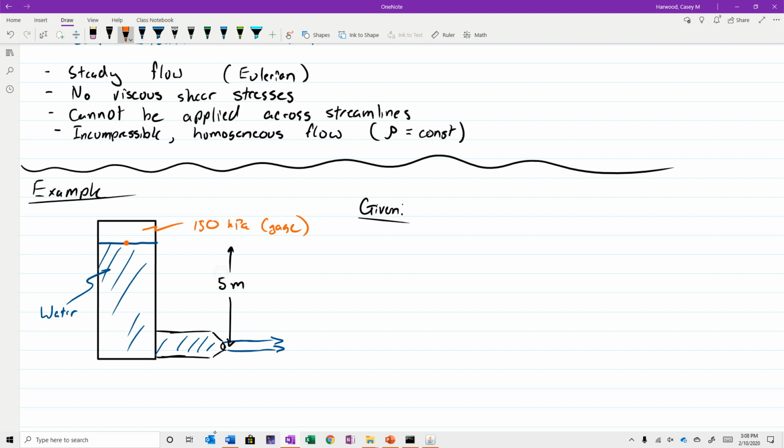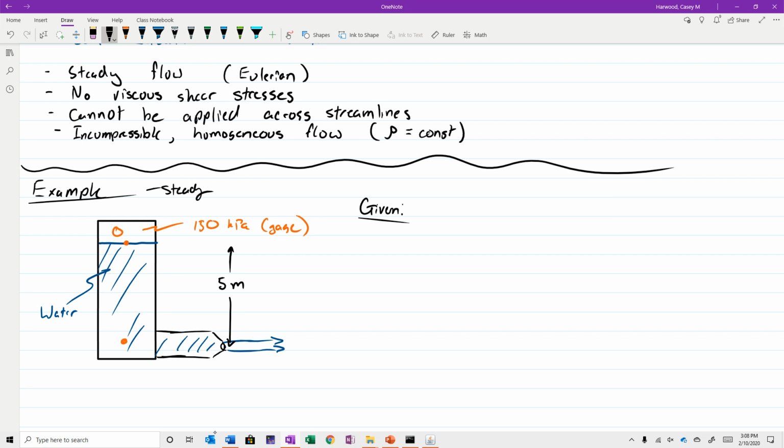So we're going to go ahead and make that a point in our flow. We'll call that point 0. Now, if we go from point 0 down to this point where it's in line with the exit, but hasn't yet turned the corner, we could ask: between these 2 points, have we violated any of these assumptions? The flow is steady.